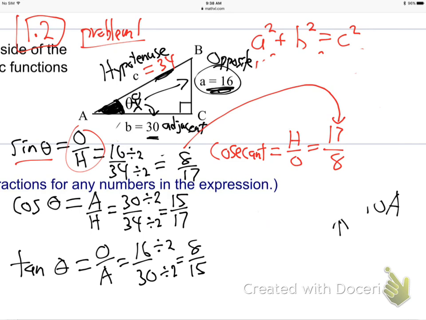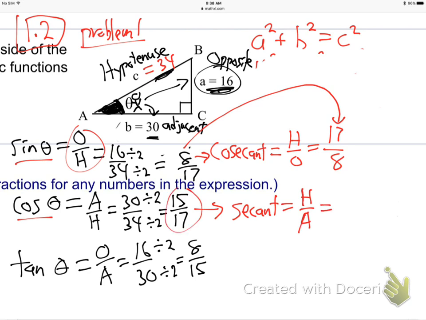Next, what's the upside down of cosine? Yeah, that's secant. And so that's h over a. It's the upside down. I'm just going to take the 15/17 and flip it. 17/15.